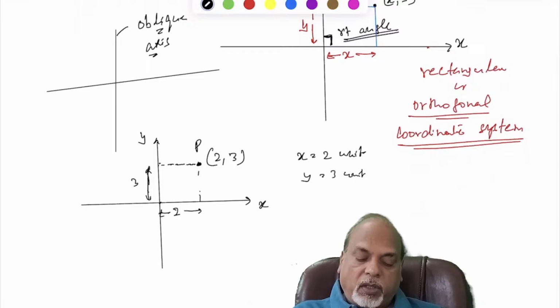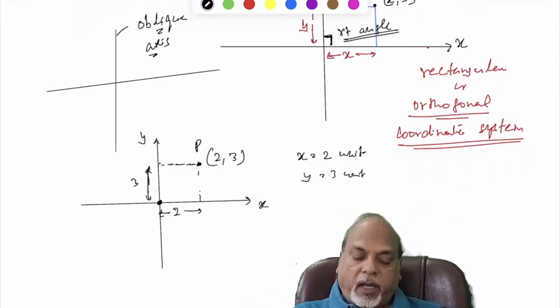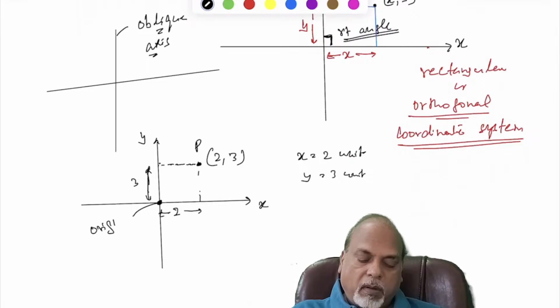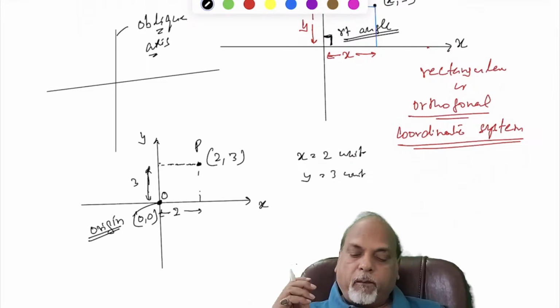And where the x-axis and y-axis intersect, it is called origin. Suppose this is O, then its coordinate is (0, 0). Correct.